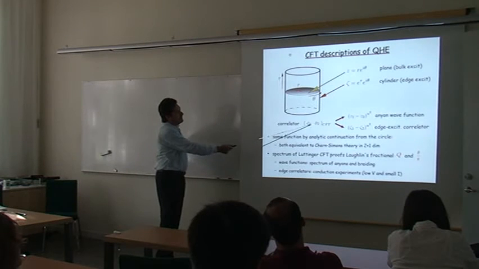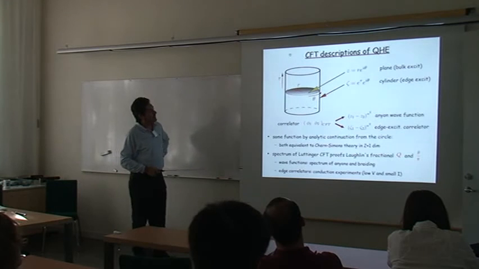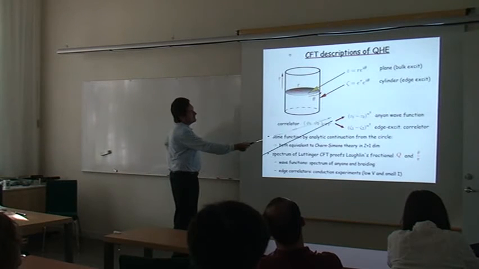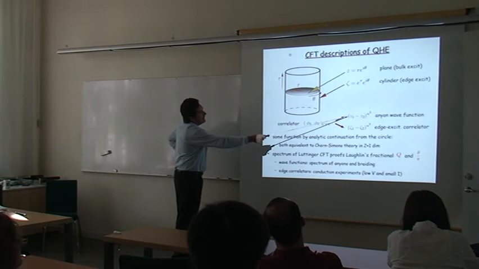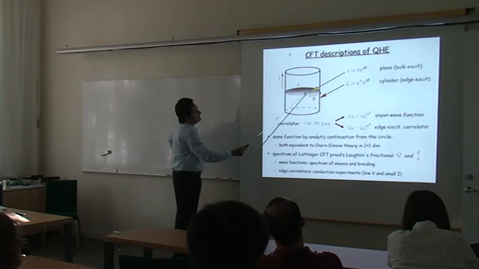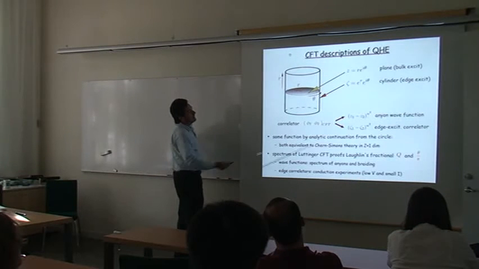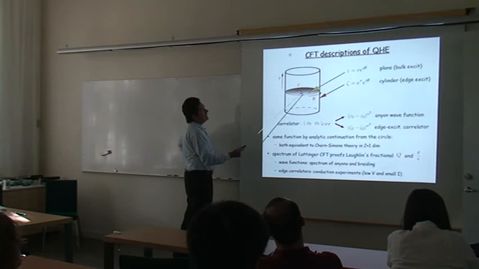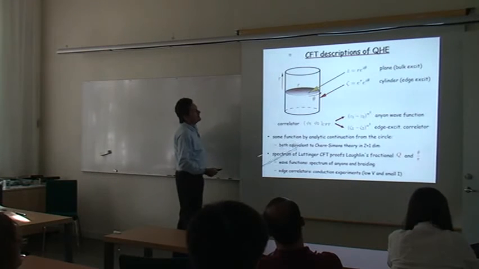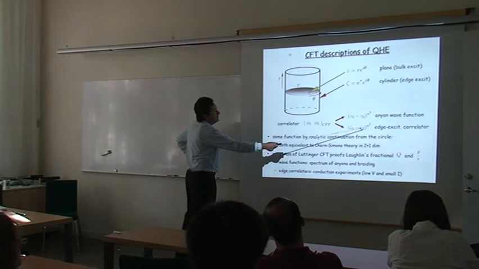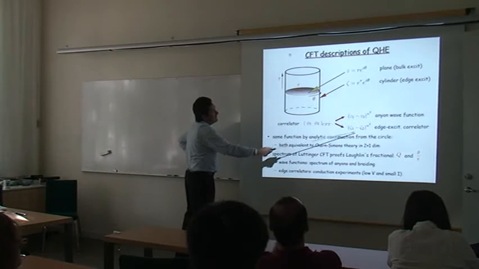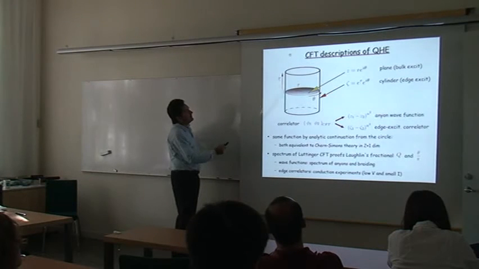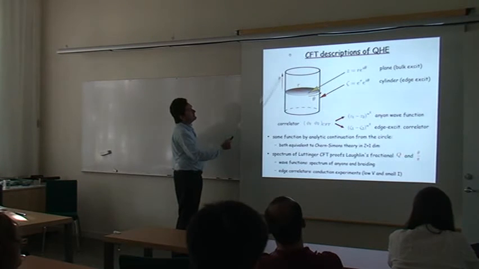If you have a conformal field theory correlator of two fields, then it both describes the wave functions in the interior, where zeta is a coordinate in the plane at fixed time, and also describes the correlator of edge excitations on the space-time cylinder, which is the boundary times time.